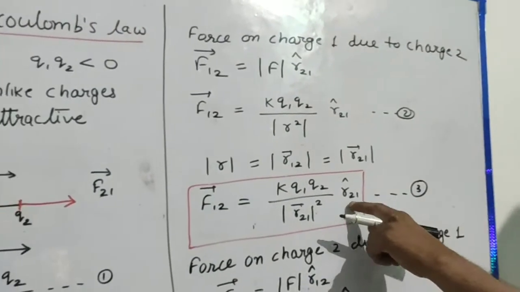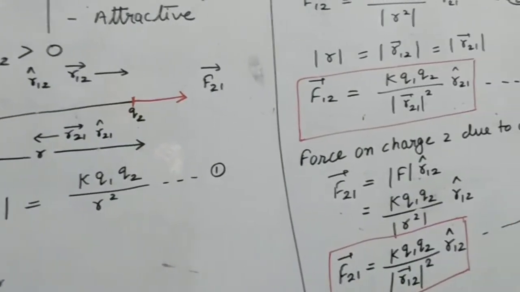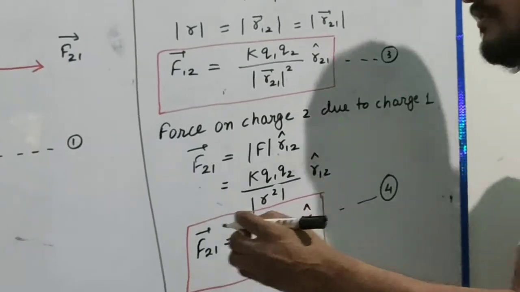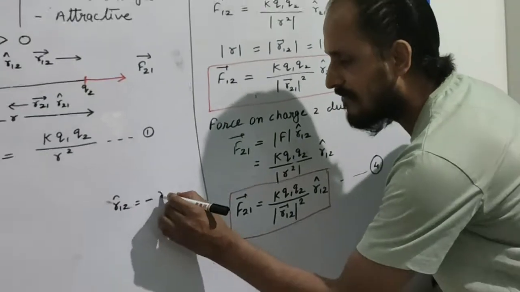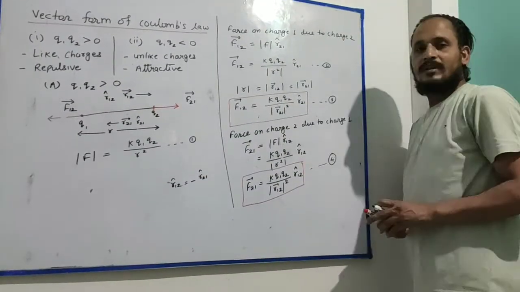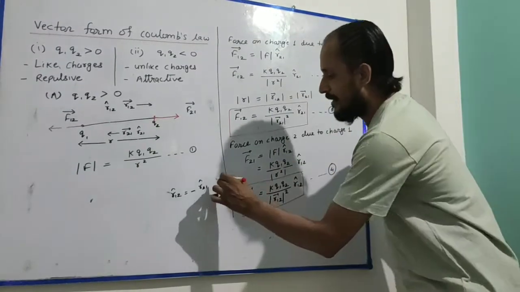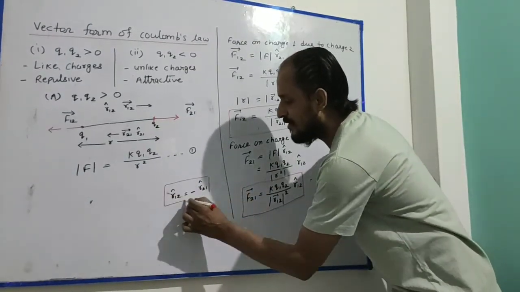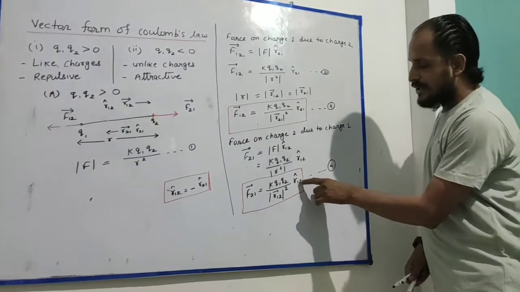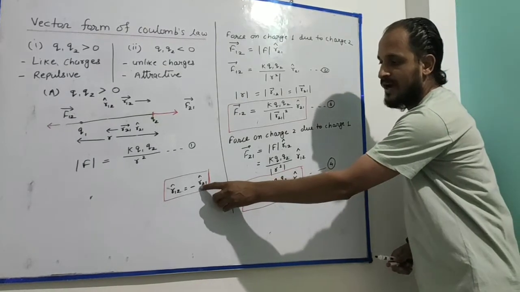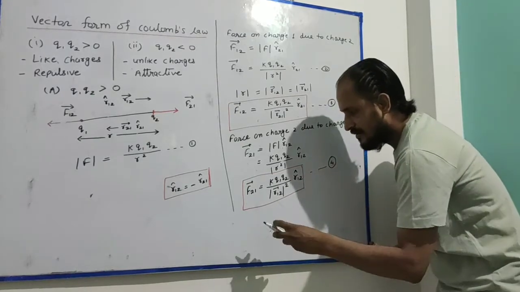Remember that these two unit vectors have the same magnitude but opposite direction, so we can write R12 cap is equal to minus of R21 cap. Why? Because the direction of both the vectors is different. So instead of R12 cap, what can we put? Minus of R21 cap.